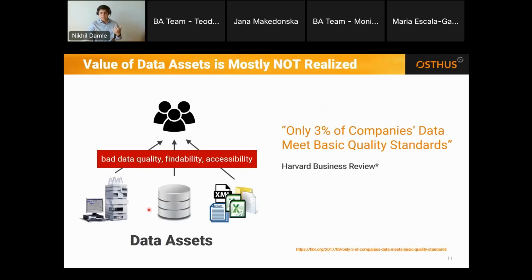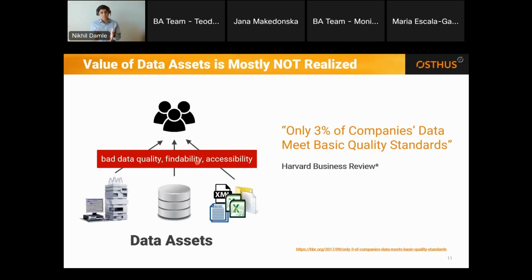The data that gets generated is often of bad quality. It needs cleaning, processing, transformation, and so forth. Even if the data is of good quality, you cannot find it easily because it is locked in some silos, in some computer hard disk or in some department somewhere. Even if you can find it, data consumers cannot access the data.